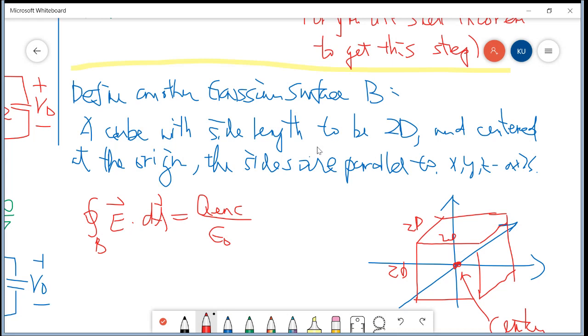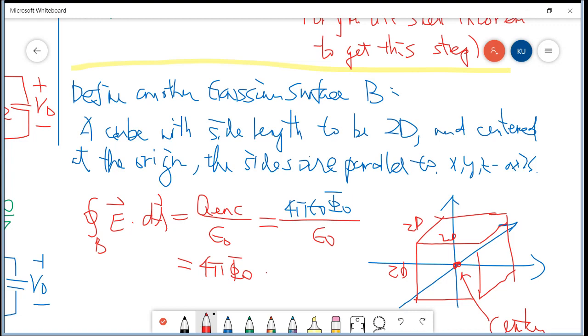So in this case, this will be 4 pi epsilon 0 phi 0 over epsilon 0, which is nothing but 4 pi phi 0.